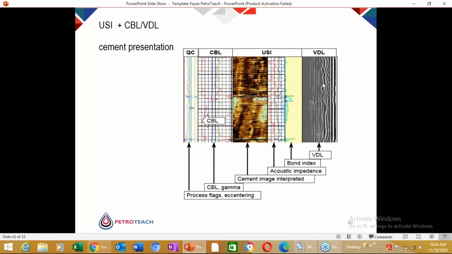We have to consider the bond between the casing and the cement, and also between the cement and the formation. Both should be good. USI also indicates a very good bond in this interval, but here there is some contamination between the cement and the mud.